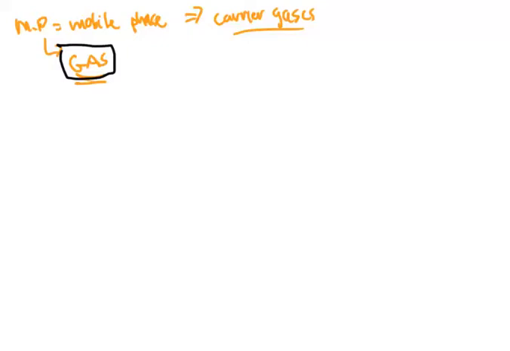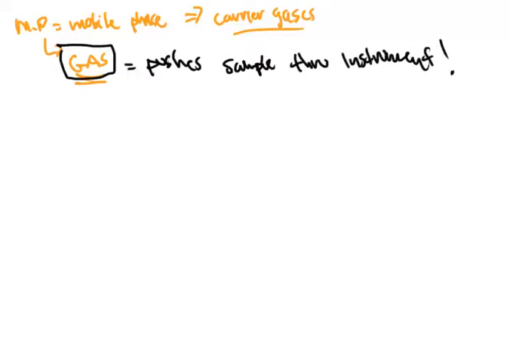So this gas is used for gas chromatography, and this gas is what pushes our sample through the machine. If it wasn't for this gas, then our samples would not be pushed through the instrument, and we couldn't really get data from our samples because of that.